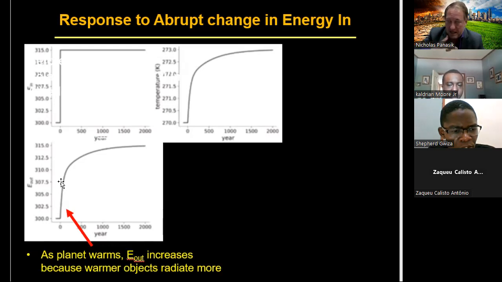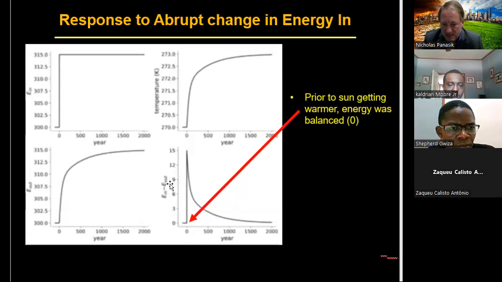But remember, the energy out is determined by the temperature of the planet. It's determined by the surface temperature. And so as you would expect, the energy out is going to increase just like the surface temperature is increasing, because it's the surface temperature that determines how much energy you put out, because it's a black body.